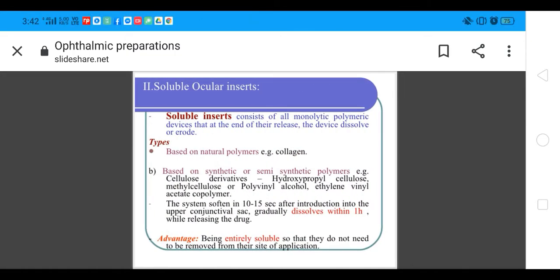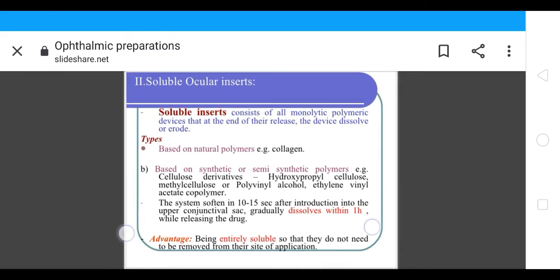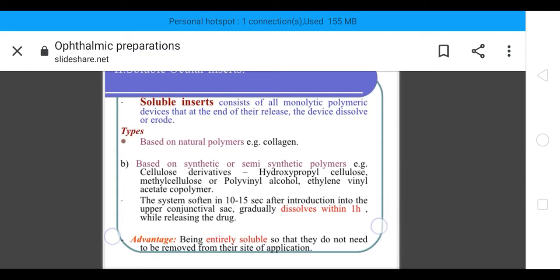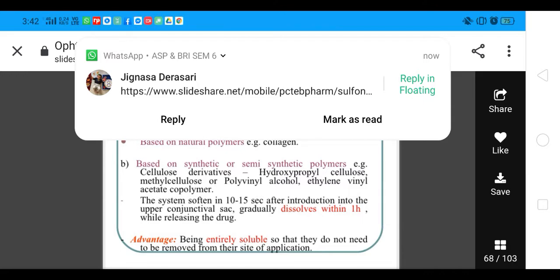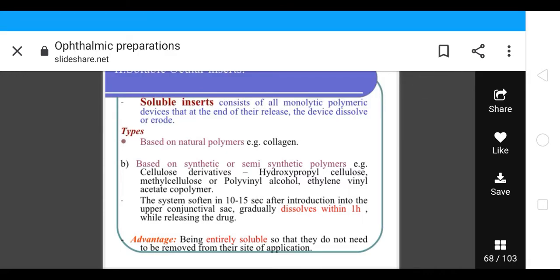Now, second is soluble inserts. They consist of all monolithic polymer devices that at the end of the release dissolve or erode. Depending upon the type, they are made based on natural polymer, the first being collagen, or based on synthetic or semi-synthetic polymers.